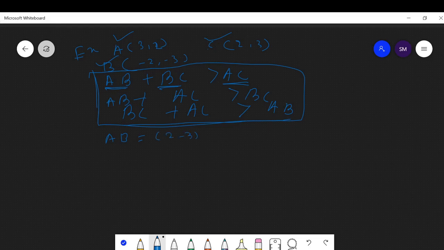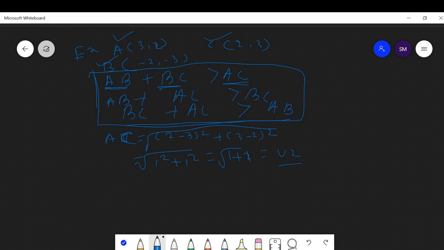Hence, by applying distance formula, AB is equal to square root of (2 minus 3) whole square plus (3 minus 2) whole square, which is equal to square root of 1 square plus 1 square, square root of 1 plus 1, means root 2. AC is equal to root 2.